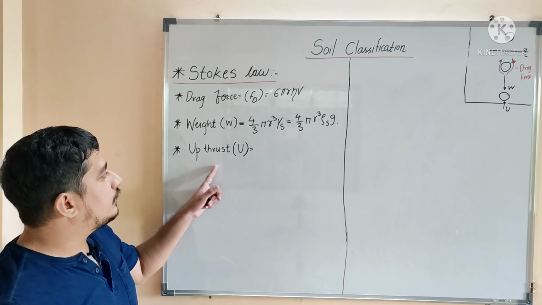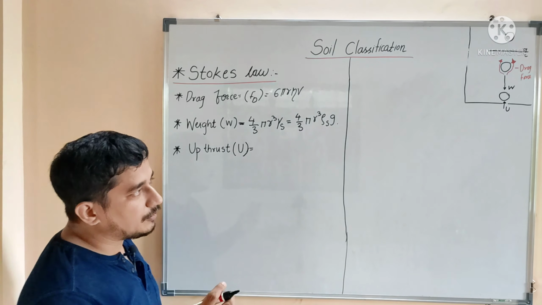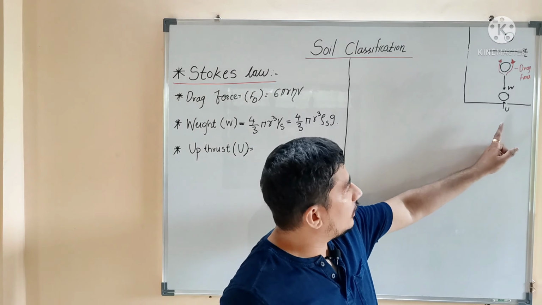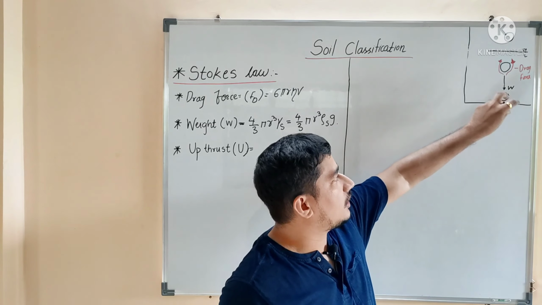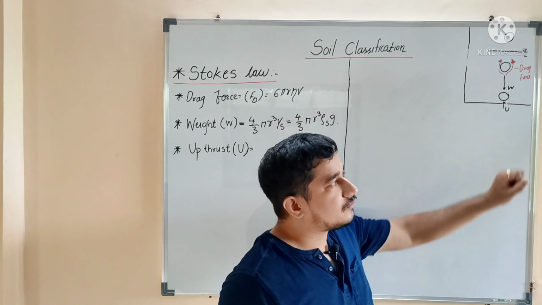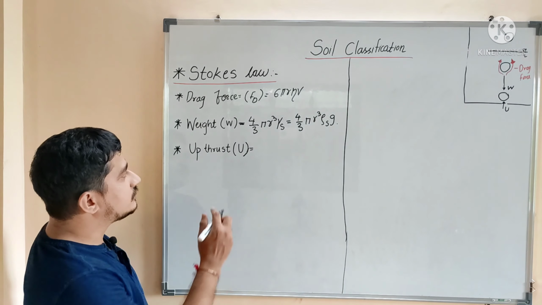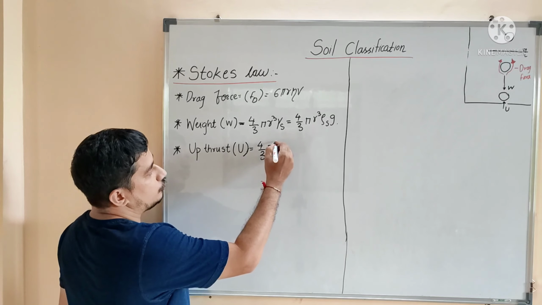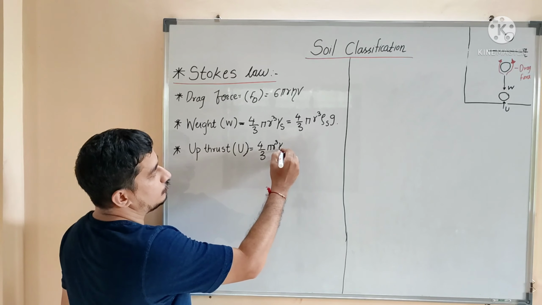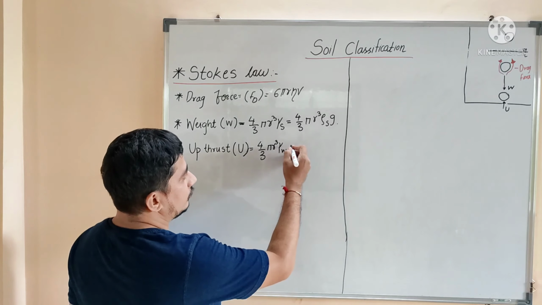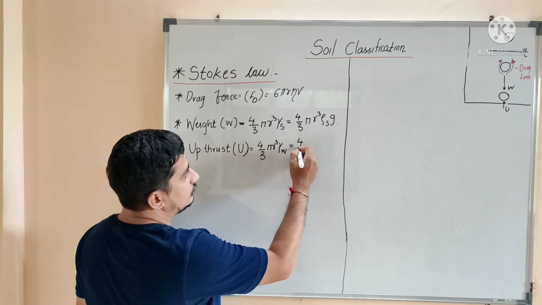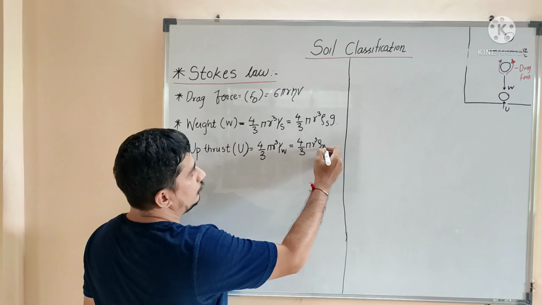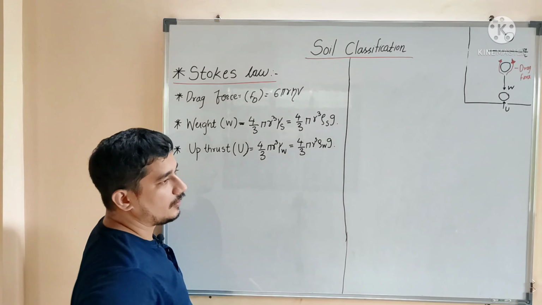Then there will be the upthrust, which is the force applied by water in upward direction on that spherical particle. It can be written as 4 by 3 pi r cube multiplied by gamma w, the unit weight of water, which is simply 4 by 3 pi r cube into rho w into g.